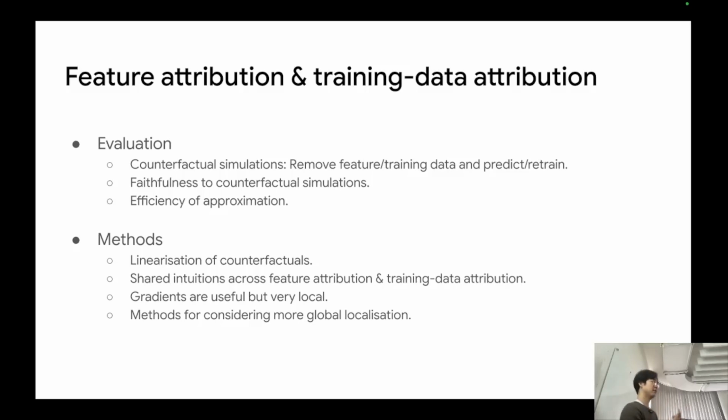It can be around a single test point's features, or it can also be around the training samples that contribute to the test point prediction. Gradients are usually used in this procedure, but gradients tend to be very, very local. They only show the approximation around the point of interest. And there are also other methods for extending the scope of this linearization beyond just a single test point, test features, or a single set of training data, all the way up to different variations.